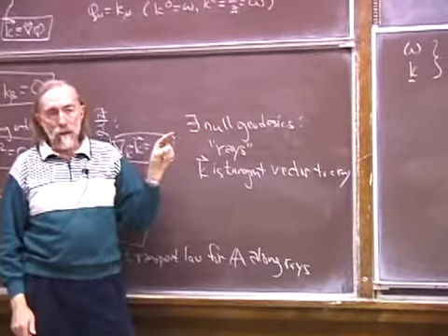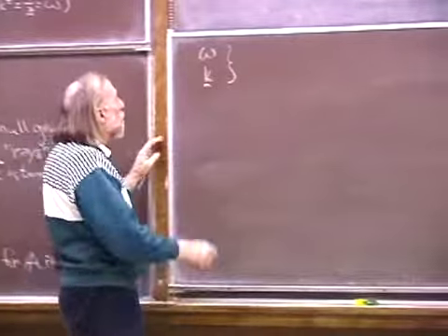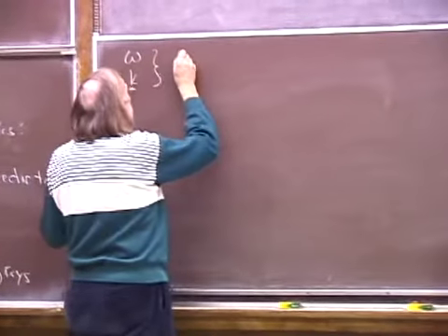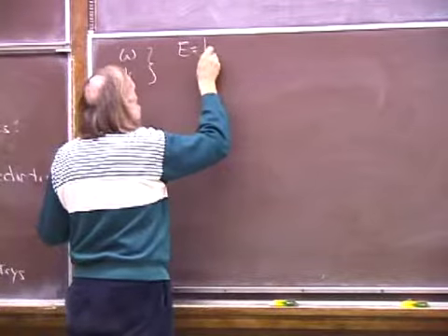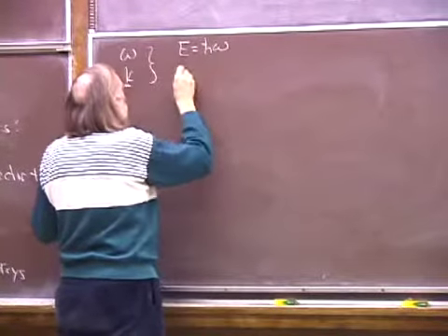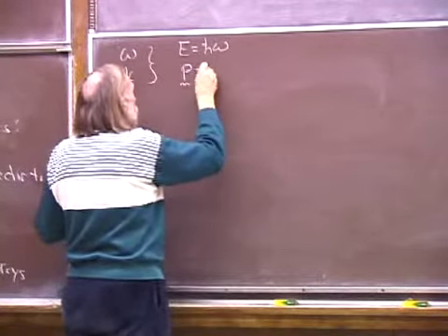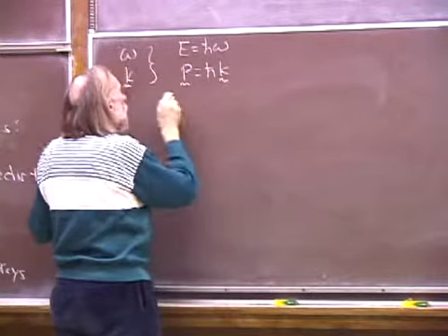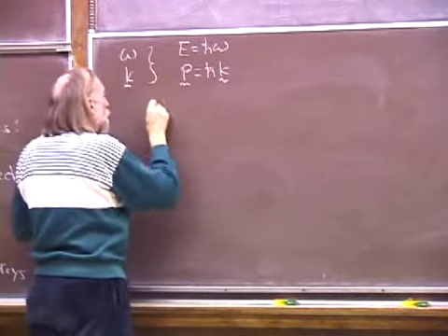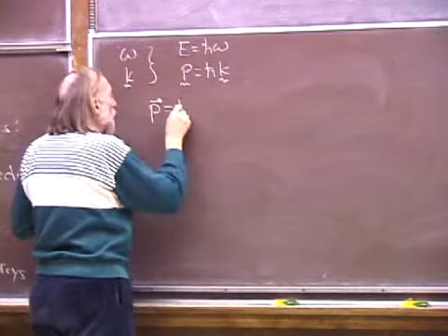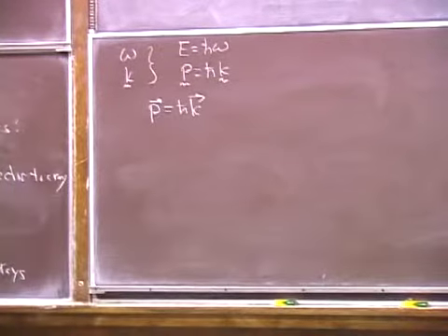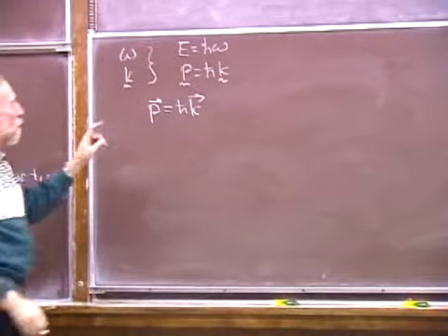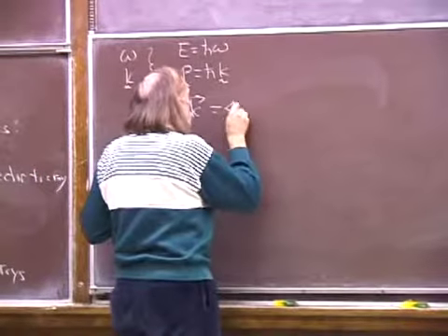In quantum mechanical language, when you quantize this wave, you have an energy for the quanta that's equal to h bar omega, and you have a momentum for the quanta that is equal to h bar k. And so in 4-vector language, you have a 4 momentum for the quanta that is h bar times the 4-dimensional space-time wave vector. That's the 4 momentum of a quantum.